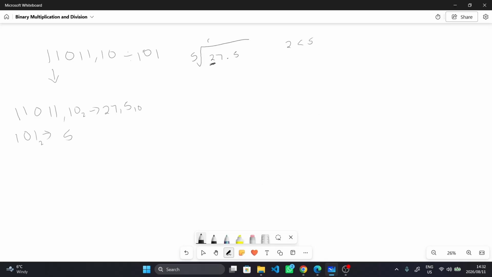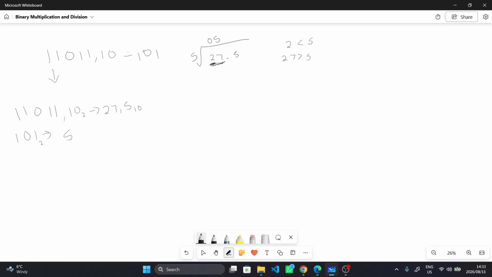So we put a 0 there, then we take the other two values, which is 27, which is now greater than 5 in this case, right? And then we can calculate how many times 5 goes into 27.